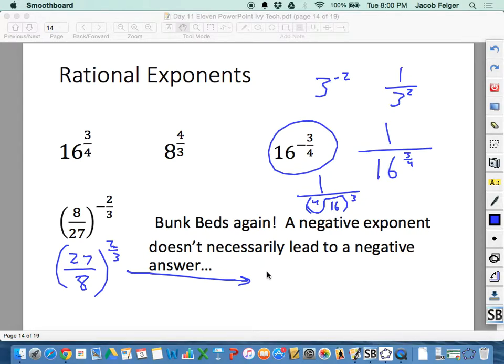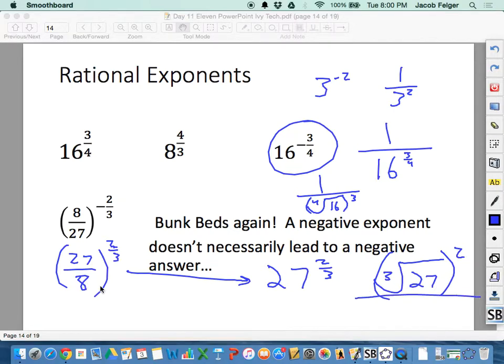Just do 27 to the 2/3 power. So the denominator goes in the crook. Yeah, 3, and then the sign, 27, parentheses 2. Yep. And then on the bottom, we'd have the same thing with an 8. And that's it.